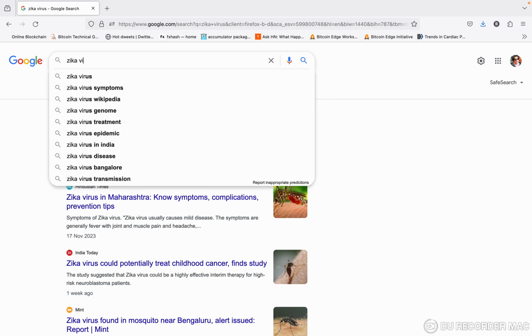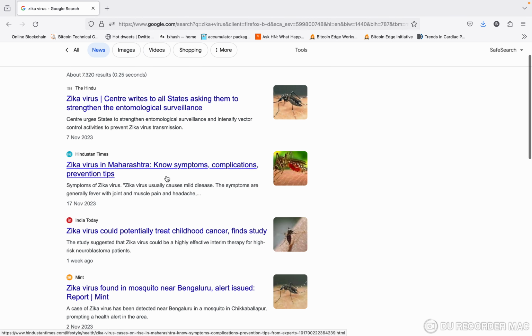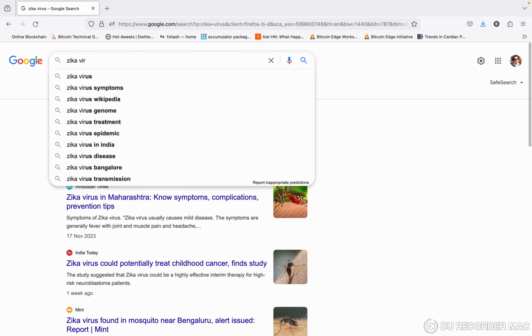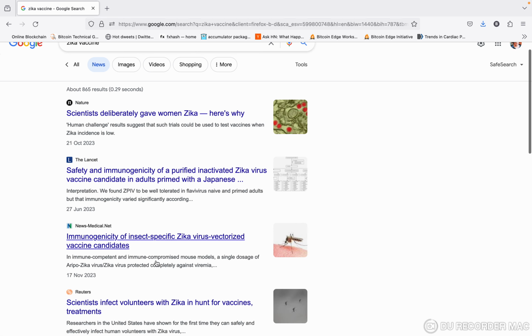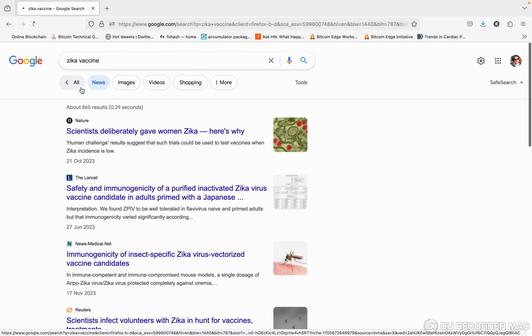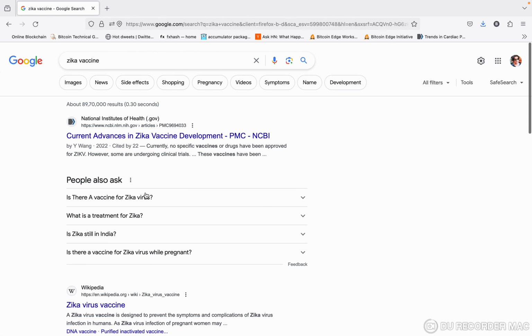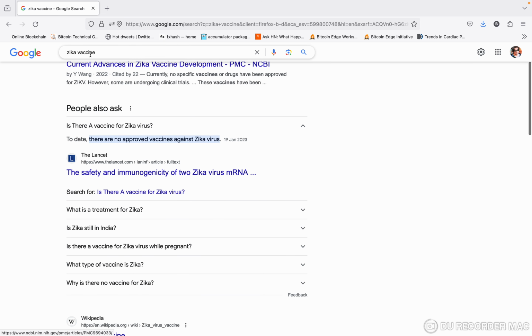Is there any vaccine for Zika? There is none. There is no approved vaccine for Zika.